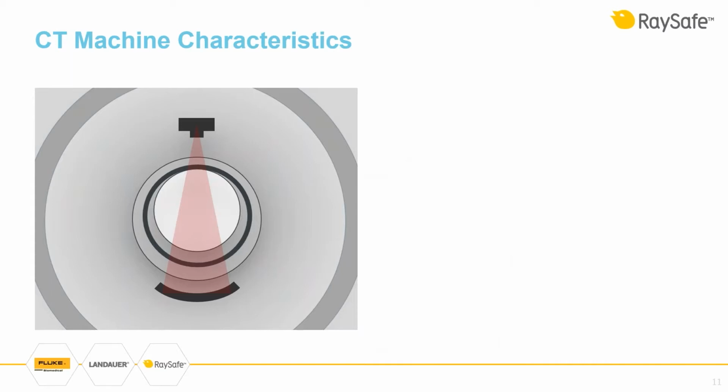If we look inside the CT machine, it consists of a rotating tube and a receiver. It does not always have to start from the top. It could also start from an angle, depending on the settings. There is an ISO center, which is considered the center of the machine.